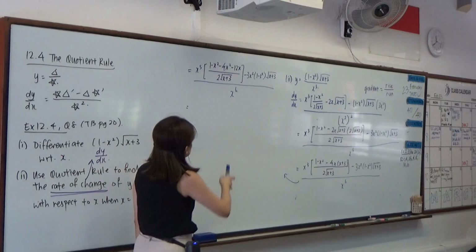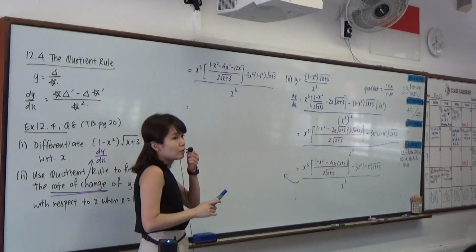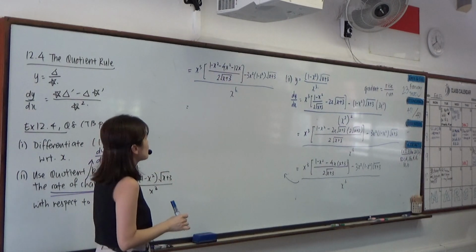So, of course, you can see that the minus x squared and minus 4x squared will eventually give us a negative 5x squared.